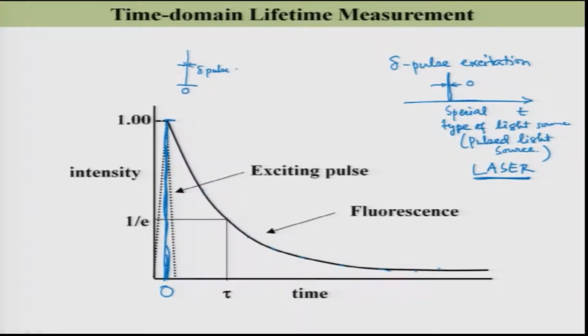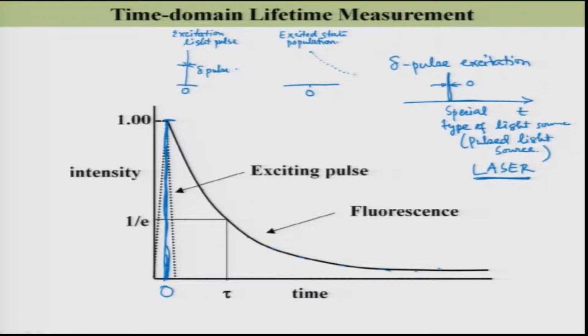This is the excitation light pulse, and this is the excited state population of those molecules you are exciting. At 0 time, the population will be at maximum, and then this population will decay.